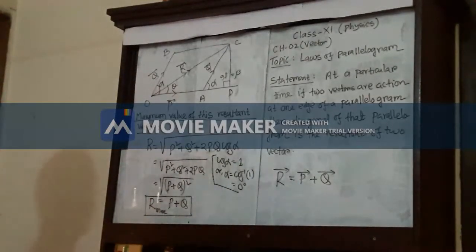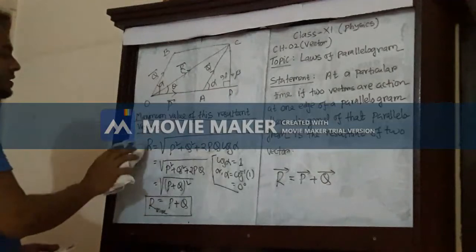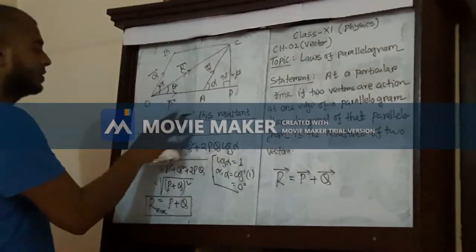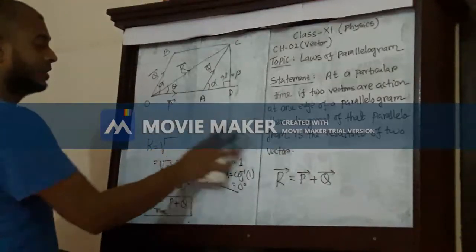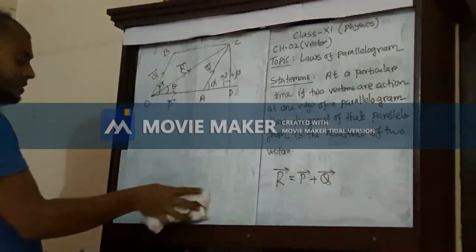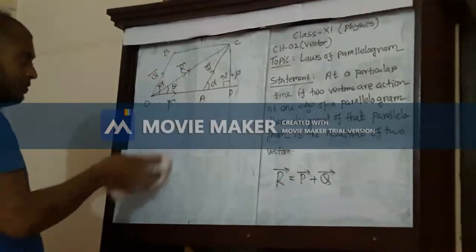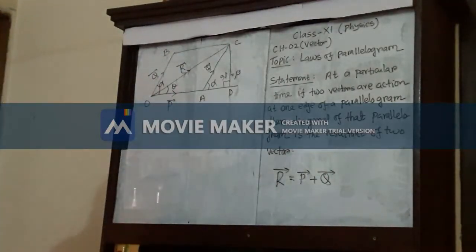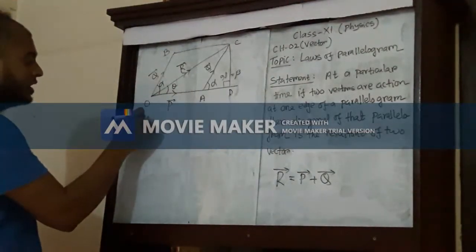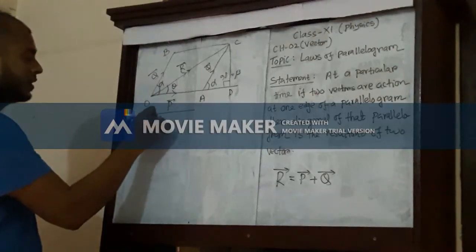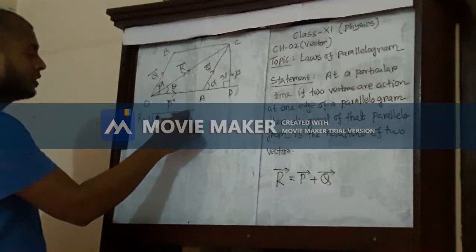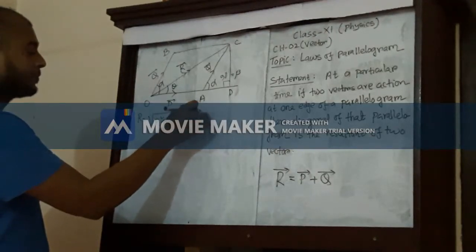My today's last topic is how to find the minimum value of the resultant vector. Boys and girls, you see, R will equal root over P square plus Q square plus 2PQ cos alpha.